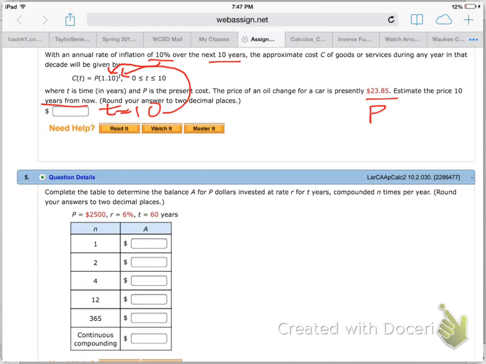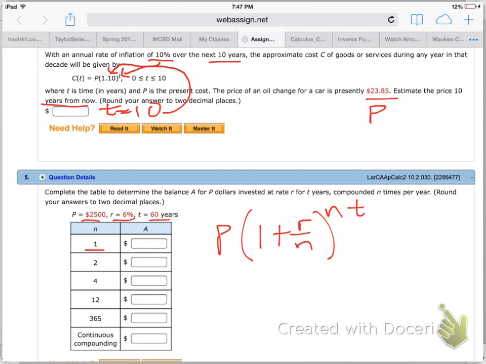So anyhow, we have various other functions, same idea. We're going to compound over various amounts of time. So P, and then using 1 plus r over n to the nt is the type of function that we're using, so you just have to put all the values in the appropriate place, where n is 1, r is 0.06, you want to remember that, t is 60 years, and then you want to use 2500 as your P, your initial amount.